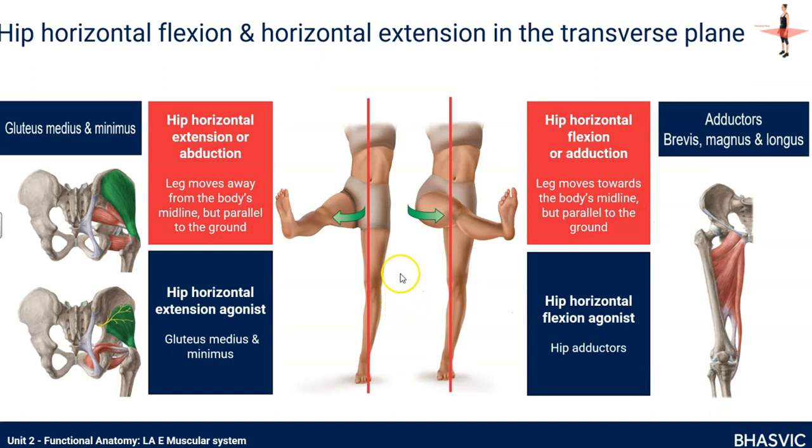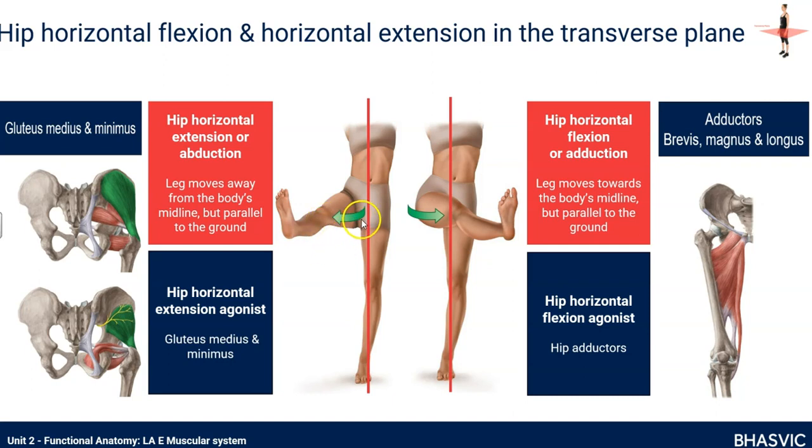A bit like the shoulder, the hip can do horizontal flexion and extension, or horizontal abduction and adduction. So the same sort of away or towards the body midline, but in a horizontal position, parallel to the ground. I think it's unlikely you'll be specifically asked on this, but I'm showing you anyway because this joint can do it.